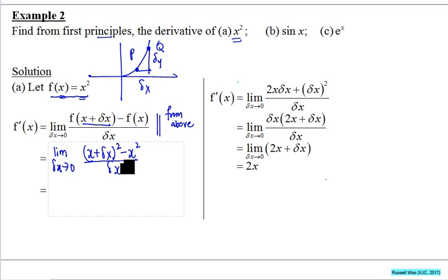Make sense? Then we expand it. You get x squared plus 2x delta x plus (delta x) whole squared, minus x squared.